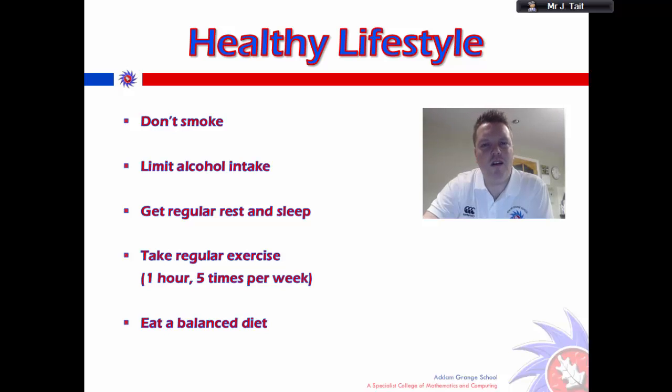It's nice to be able to maintain a correct, efficient body weight, and that then links into the next point about eating a balanced diet, because we need to eat those 7 different components in moderation, not too much of anything, but a nice balanced diet to make sure we're getting all of those components. With that, hopefully we can maintain a balanced body weight, so we're not fluctuating up and down all the time.